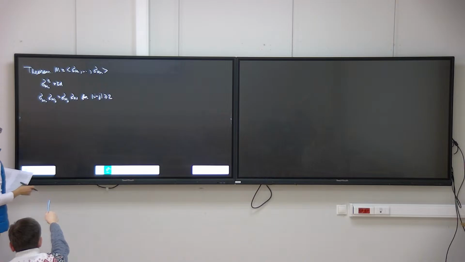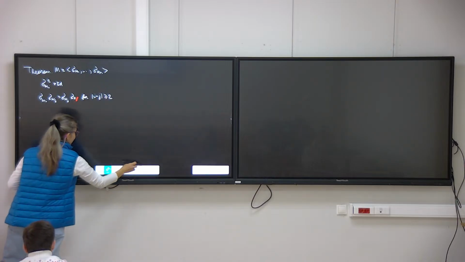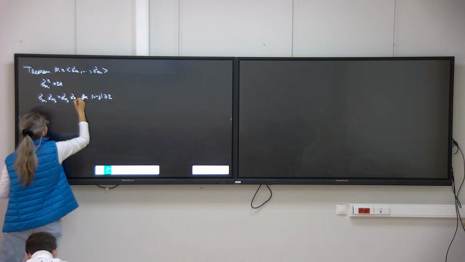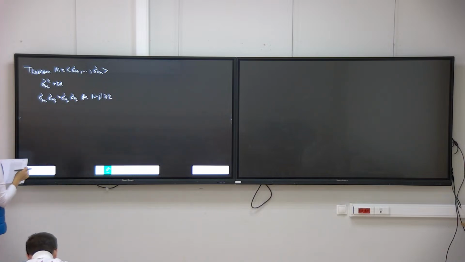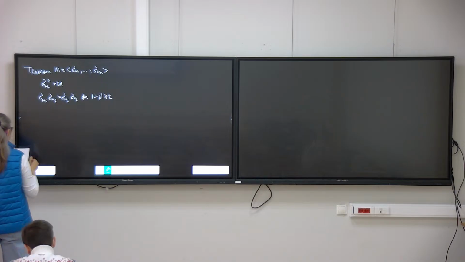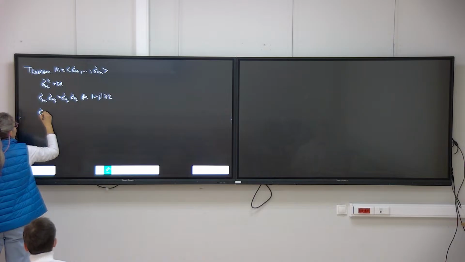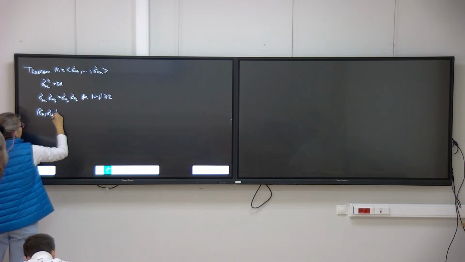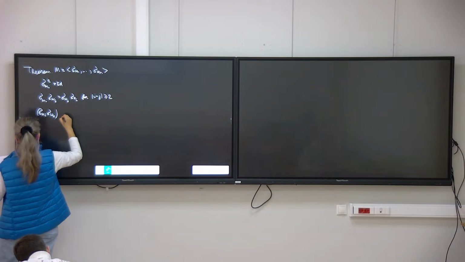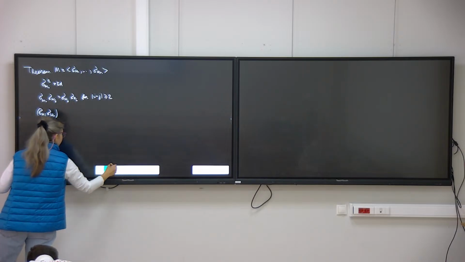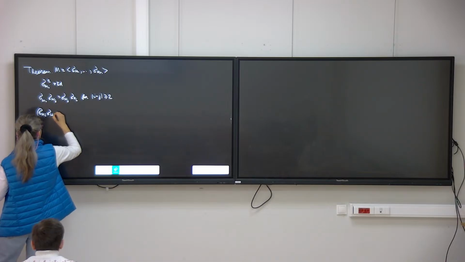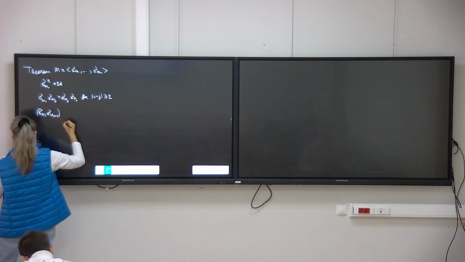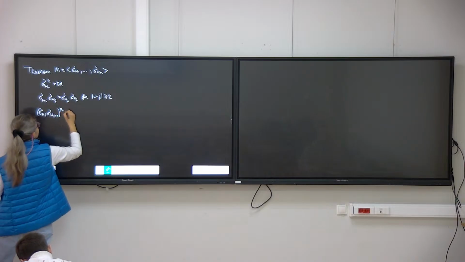I can't write nicely with these markers. And the last one is that sigma Hi, sigma H i plus 1 to the power Pi equals the identity.